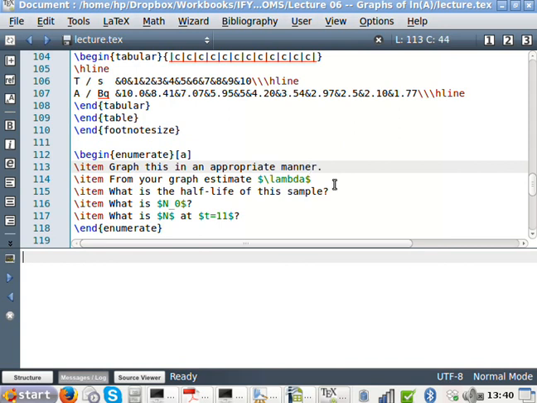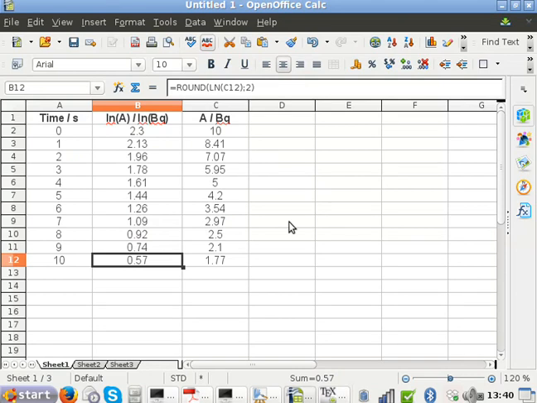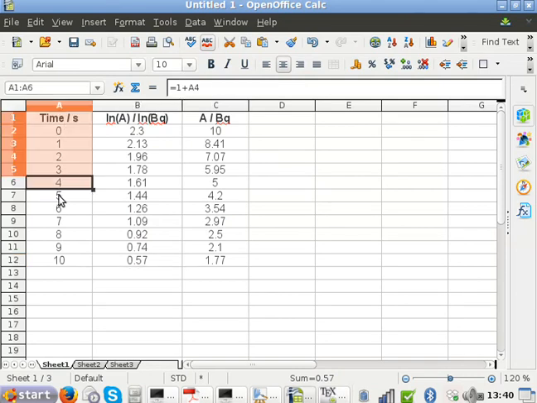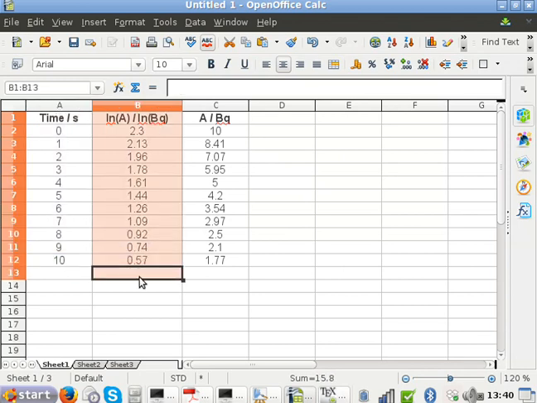Okay, so the first thing is just draw the graph. So you can draw the graph too, and I'll draw the graph together. So you put the time on the x-axis and your log values on the y-axis. So let's do that.